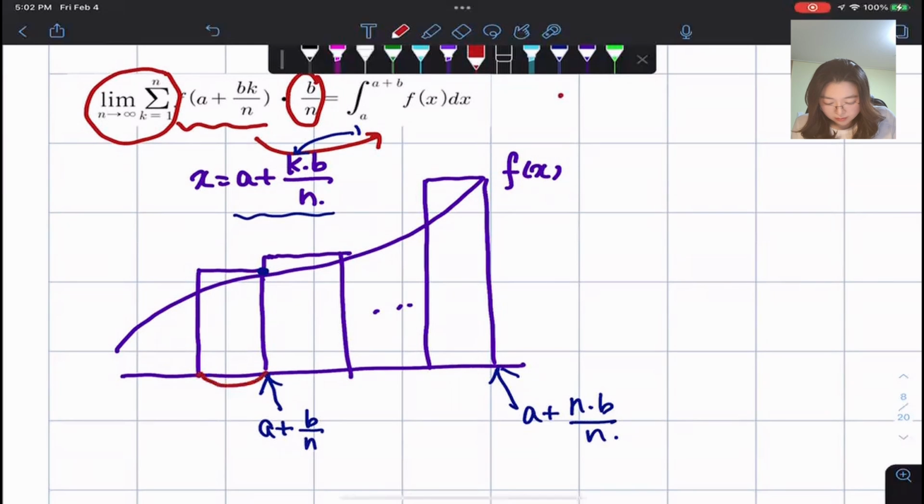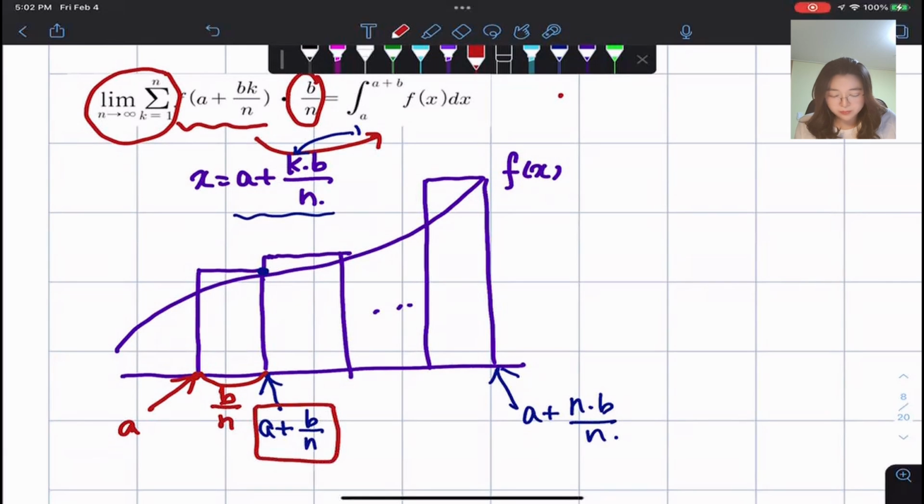Considering the width b over n, we can guess this position is a, because the x coordinate at this position is a plus b over n. And this distance is b over n times n. So this is a plus n times b over n.